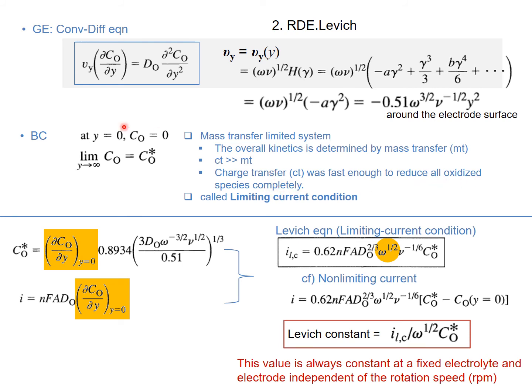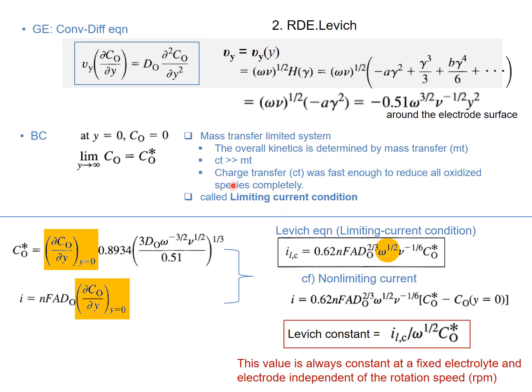So at y equal to 0, the concentration of oxidized species goes to 0 because our charge transfer kinetics is really fast. So this first boundary condition is based on my assumption of a mass transfer limited system. And in this hydrodynamic technique, this mass transfer limited condition is called the limiting current condition.